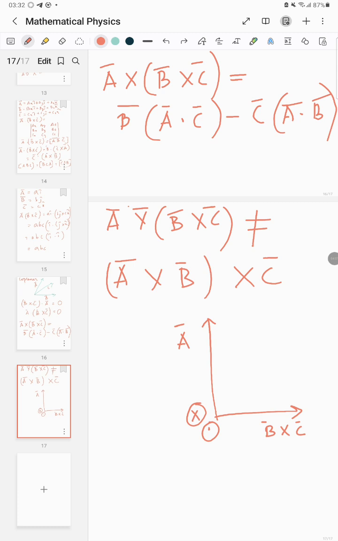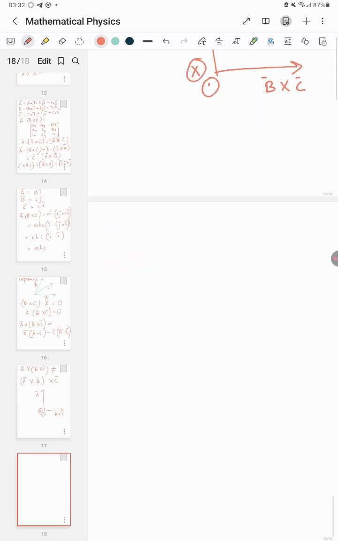Now let us look into some of the identities of vector algebra. So just remember them as identities.